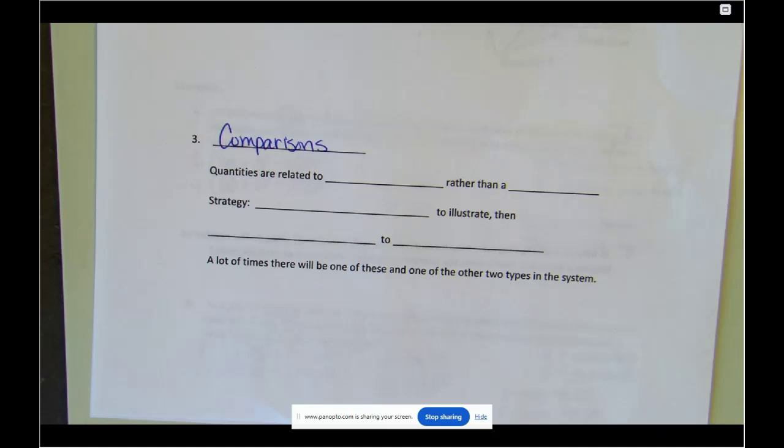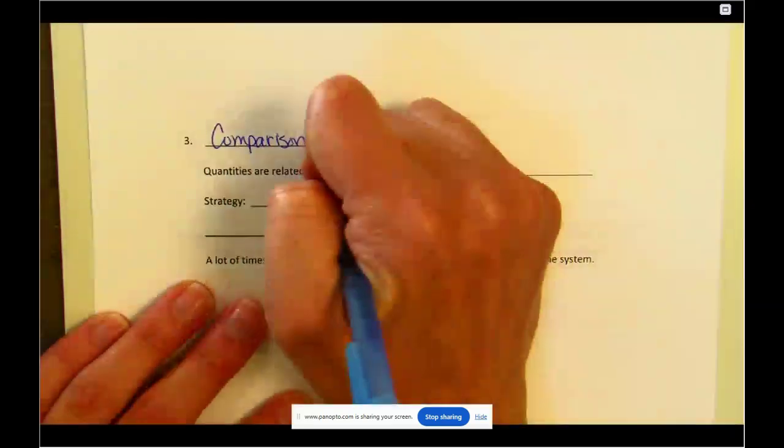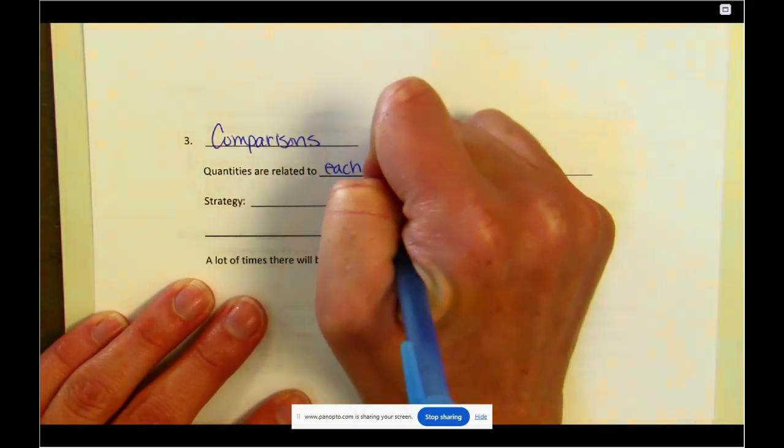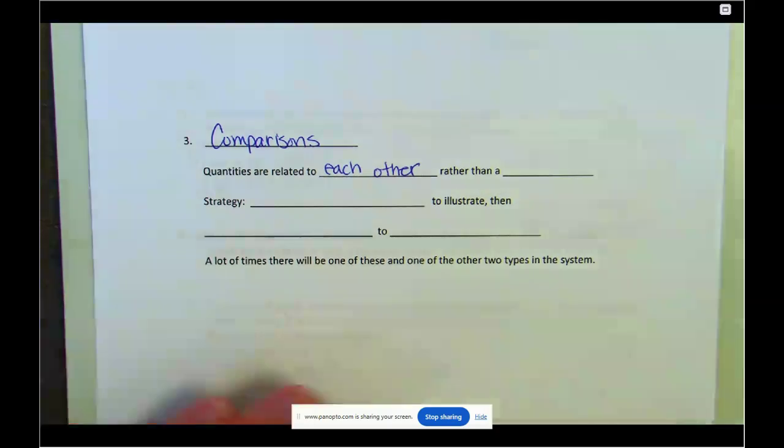If you compared Cameron and me, you would say Mrs. Douglas is shorter than Cameron, right? I'm relating me to Cameron. We're different. So when you compare, quantities are related to each other rather than a total.